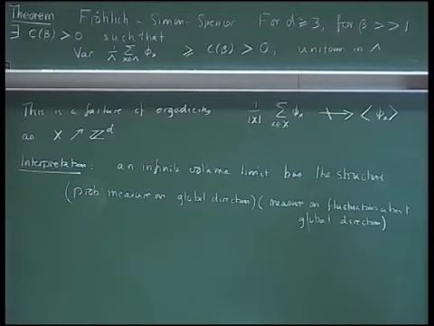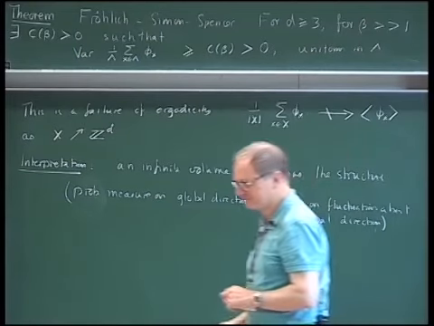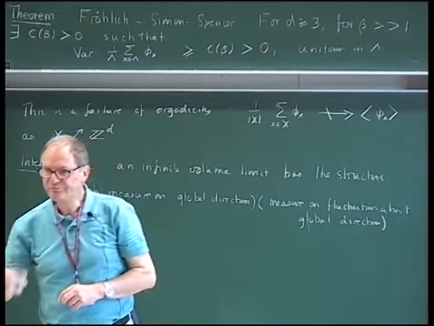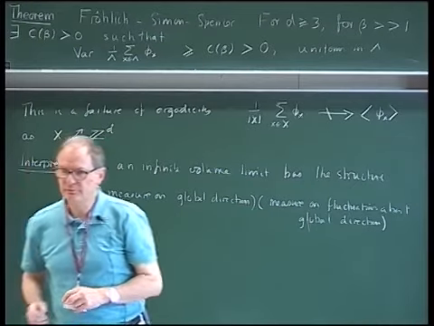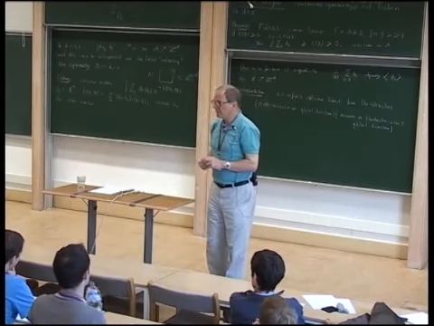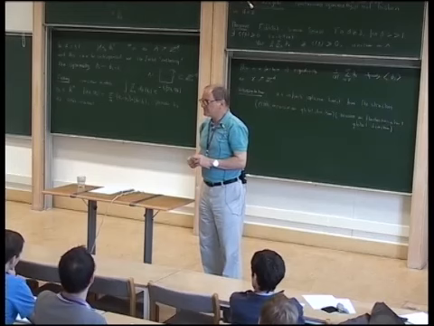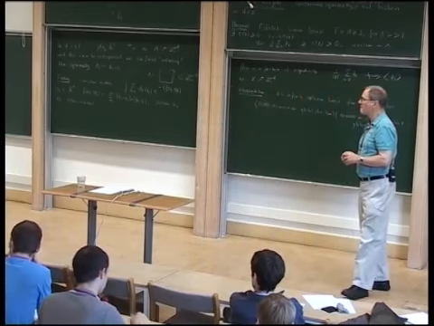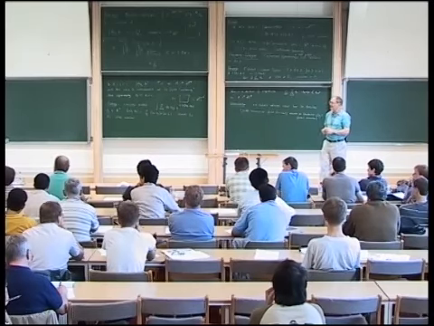Yes? How is not having a limit connected to non-ergodicity? You still can go wherever you want. The global direction can be any direction. I think David is, let me try to put it. He says, you want to construct an infinite volume limit. You try very hard.